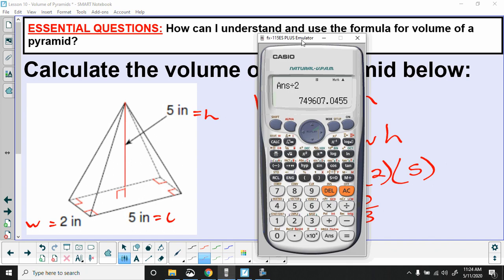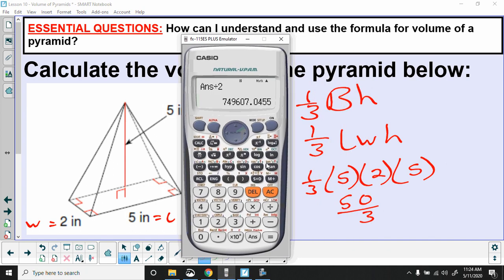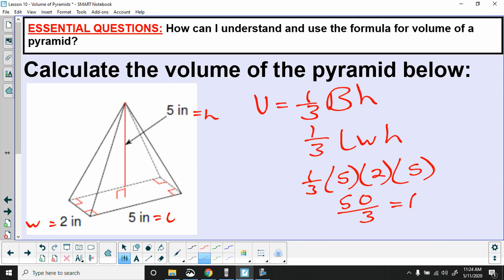Let's see what that is as a decimal. 50 divided by 3 is 16.6 repeating, but it should be 16.67 inches cubed because it's volume. They weren't specific about decimals, so I just went ahead and went to 2.